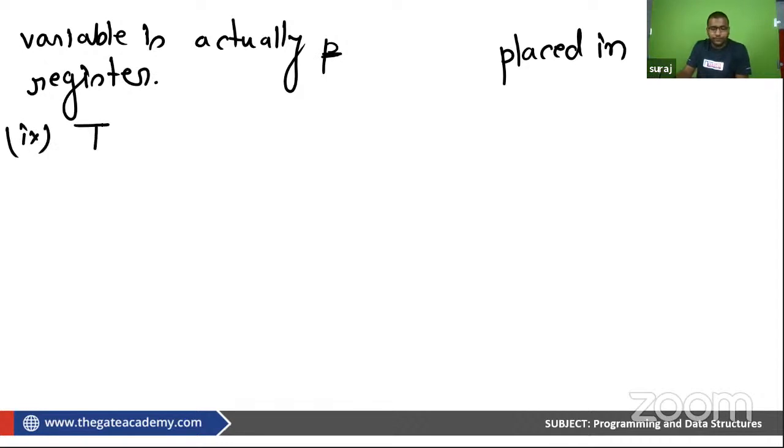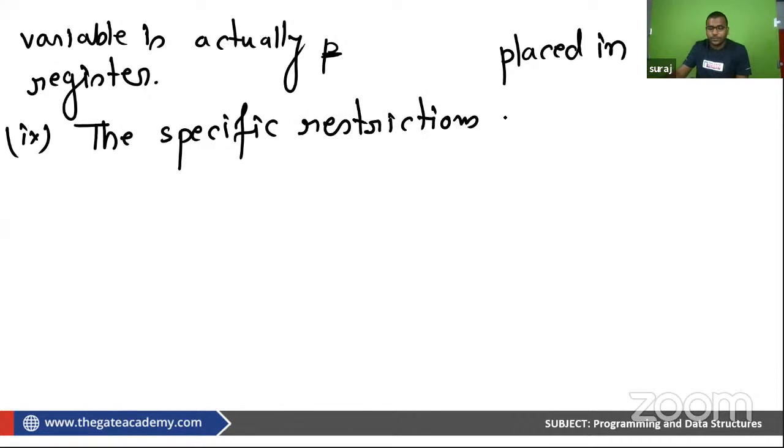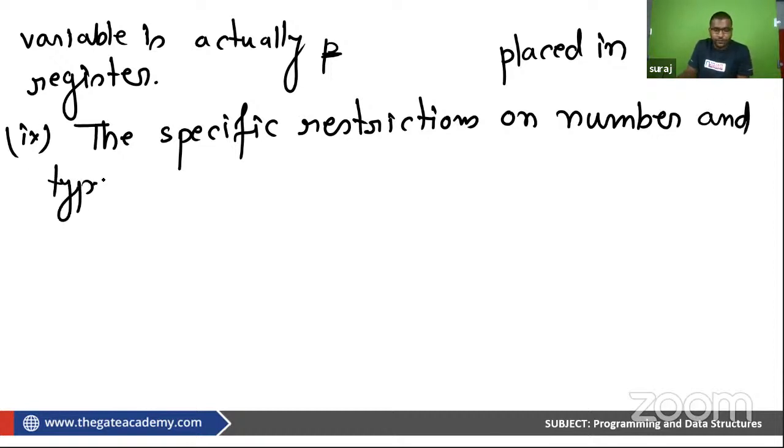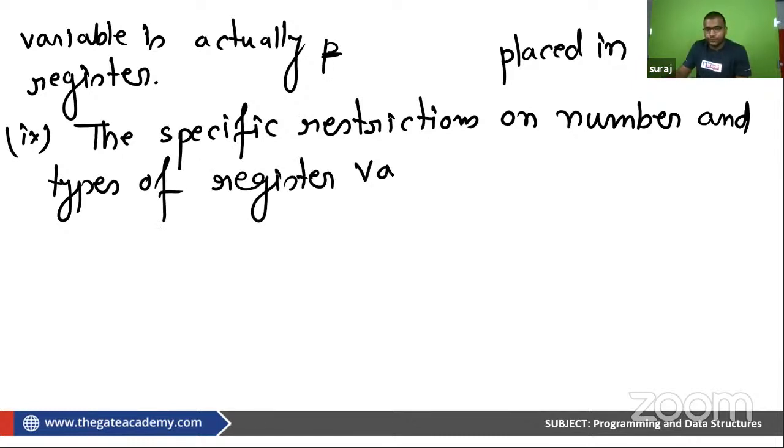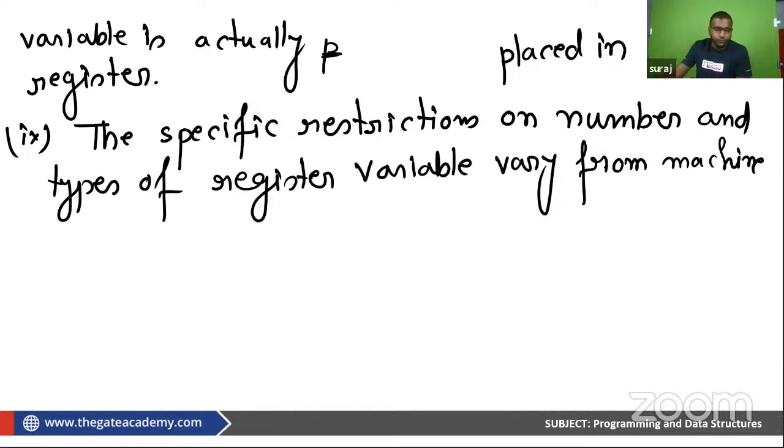Now, last point, then we are going to see the quiz. The specific restrictions on the number and types of register variables vary from machine to machine.